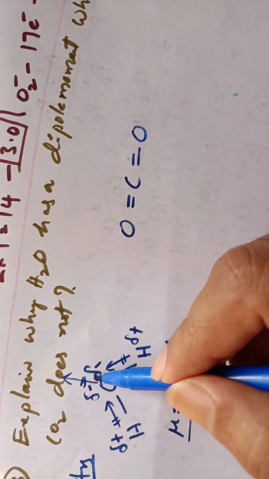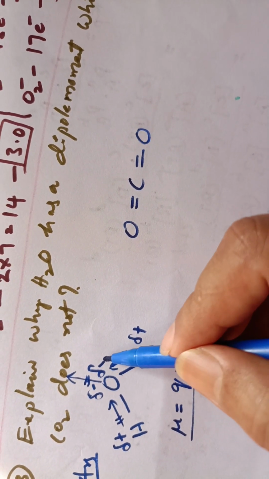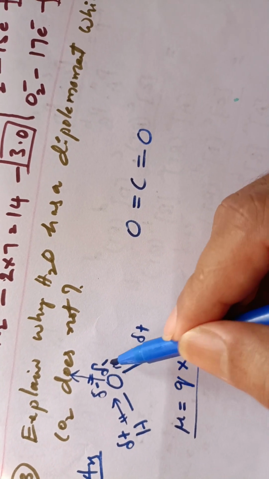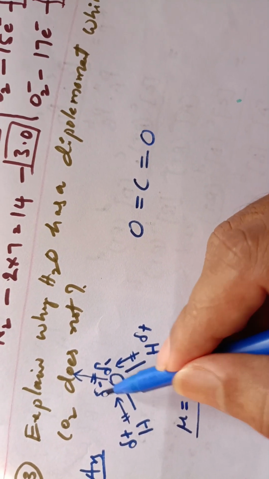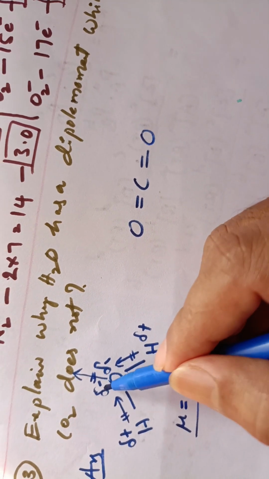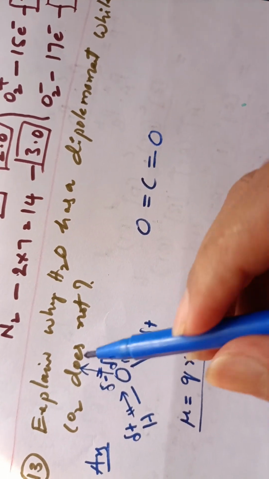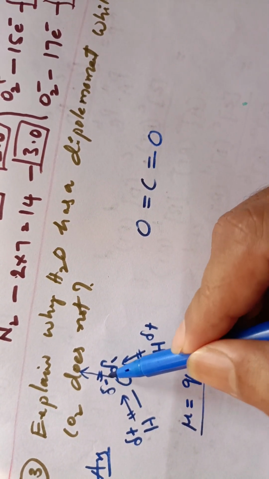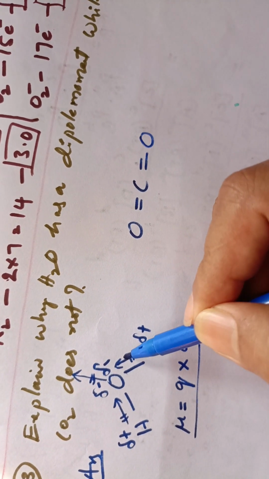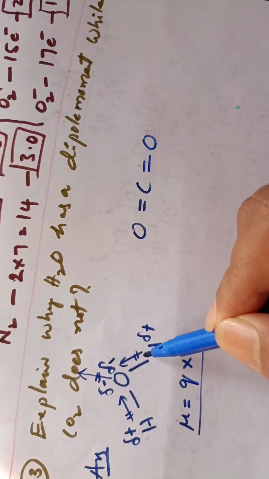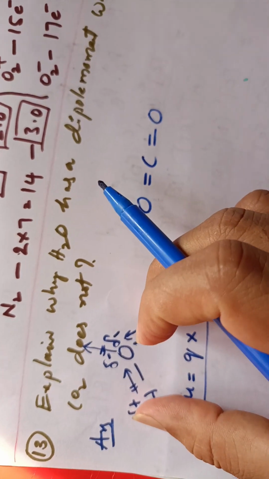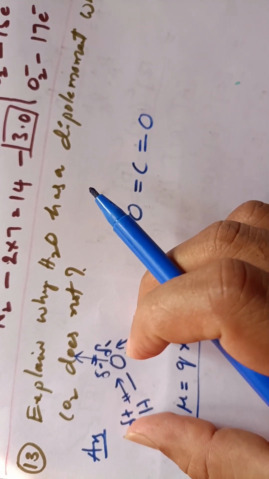According to VSEPR theory, the repulsions between lone pair and lone pair, and between lone pair and bond pair, are more than the repulsions between bond pairs. So this structure will be bent.